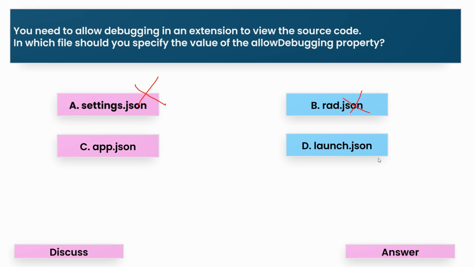The next one is app.json. This file is crucial when developing extensions for Dynamics 365 Business Central. It contains the configuration and setup of the extension, including ID, publisher, version, and other essential information. In the context of Business Central, the app.json file indeed plays a central role in defining properties that control the behavior of an extension, including development and debugging settings.